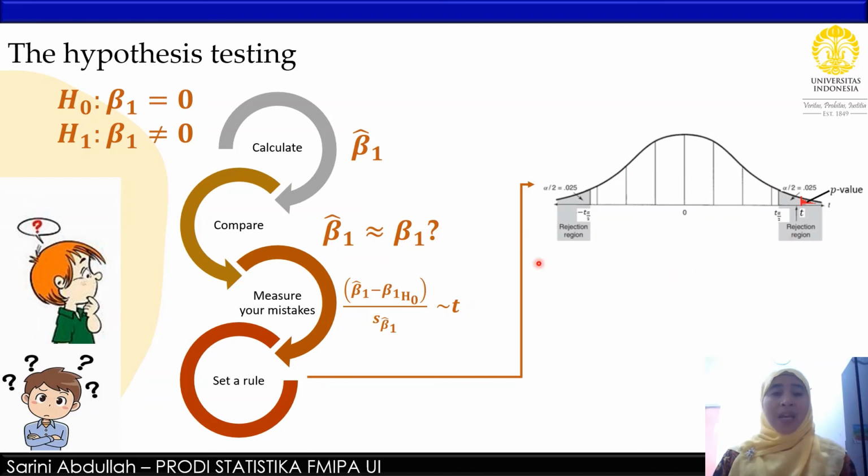So we say that we will reject the null hypothesis and say that our model is useful if the difference between the estimated value of beta 1 and the beta 1 under the null hypothesis is large enough, and that large enough is measured by the value of t at the critical region.